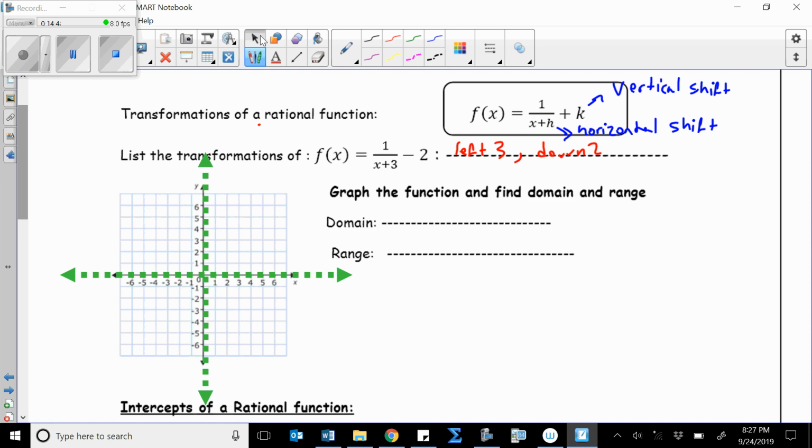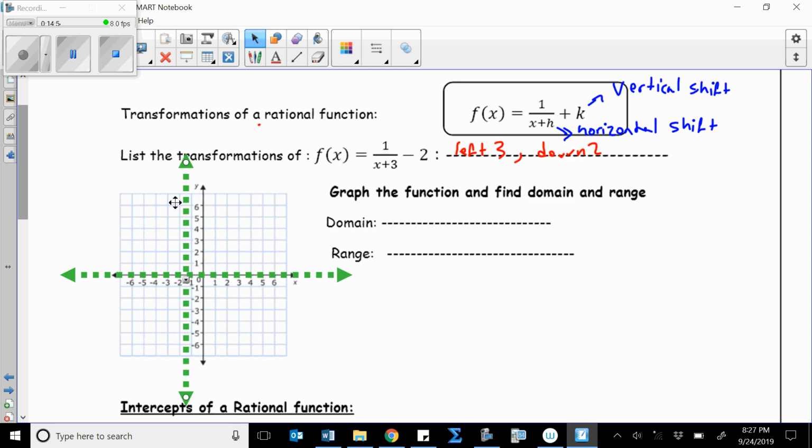So we're going to do the same thing on our asymptotes first. This asymptote is going to move left 3, 1, 2, 3 to the left. And if I move this down 2, we're not going to see anything because this is just a vertical straight line, and it's continuing forever. So if I move it down, I don't see any change.